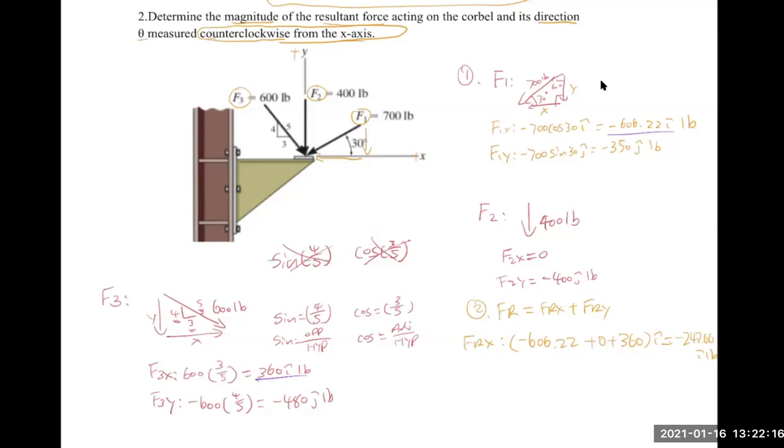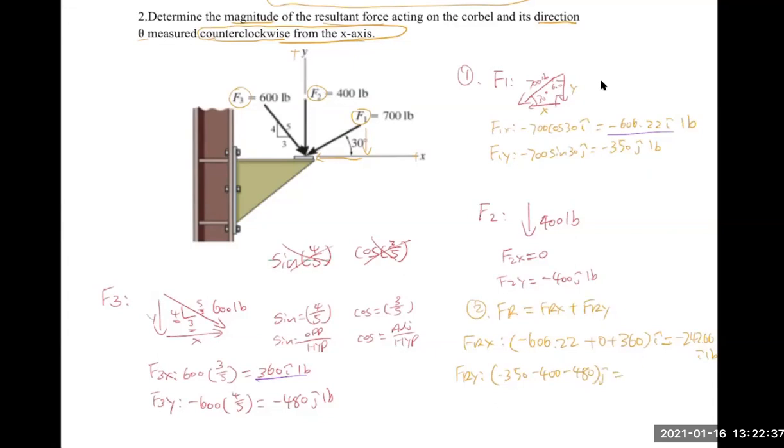So now we found what Frx is, we have to find what Fry is. So Fry basically is simple. Add up all of the y components. So negative 350 minus 400 minus 480 j hat.